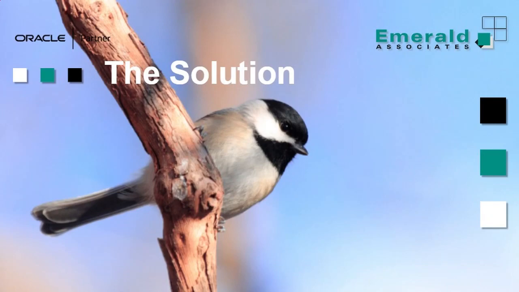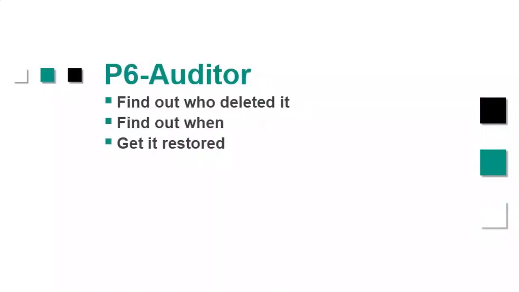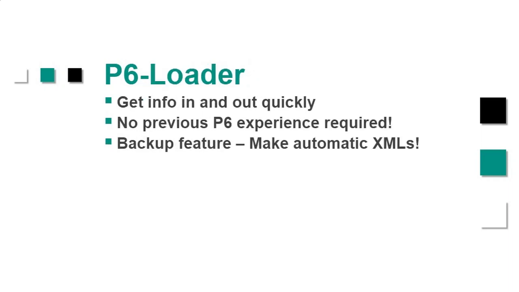We're going to use Auditor to find out what happened, when it happened, because that's important, right? Depending on when something got deleted, that's going to dictate what you have to do to get it back, and so get it restored. And the next part is getting the data, because if it's been deleted, it's gone.